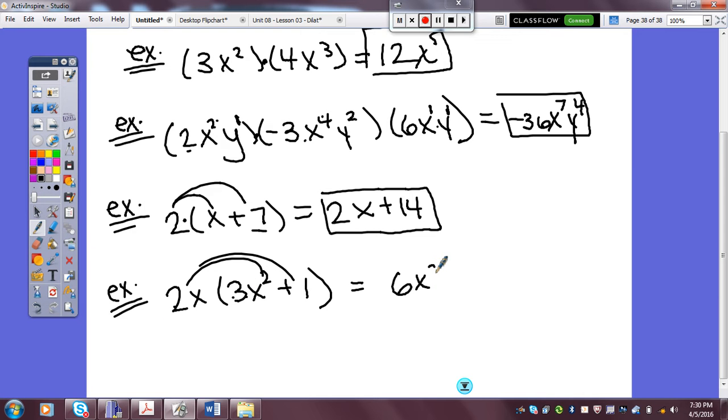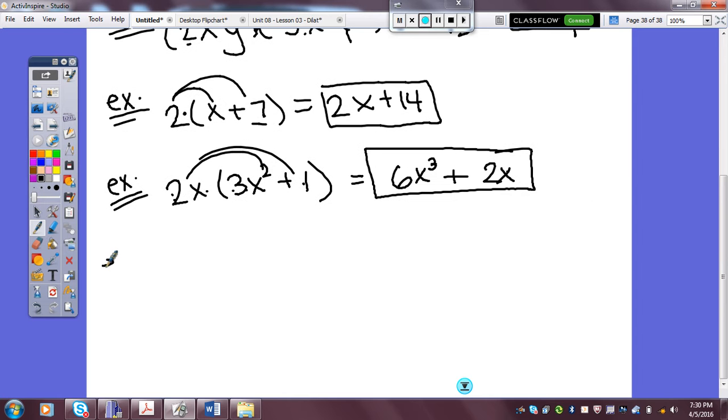Well, that's x cubed. Now let's do 2x times 1. Anything times 1 is just itself, so 2x times 1 is 2x. Now ask yourself, can you add up 6x cubed and 2x? No, because this one has an exponent of 3 and this one doesn't have an exponent, so I'm done.